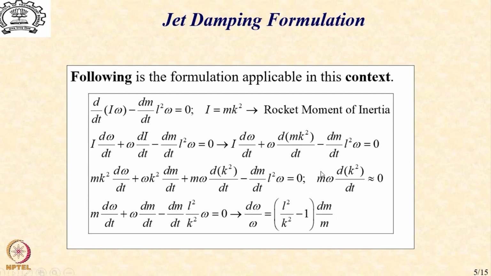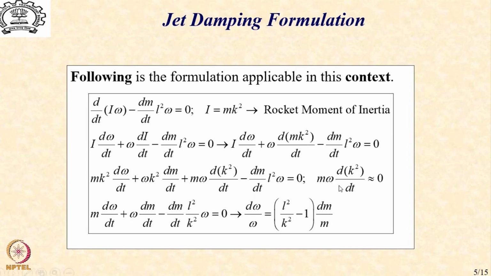Here there is a small assumption which is made, as mentioned here, that the rate of change of radius of gyration as time progresses is small, so that the corresponding term can be neglected. This also is reasonable, as not only the rate of change of radius of gyration with time is small, it also is multiplying with omega, which also is supposed to be a disturbance and a small quantity.